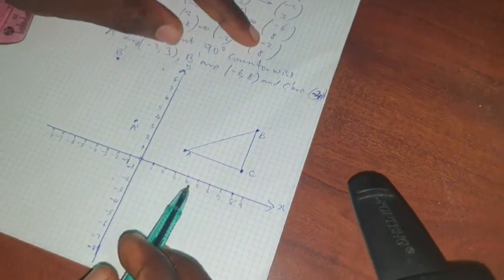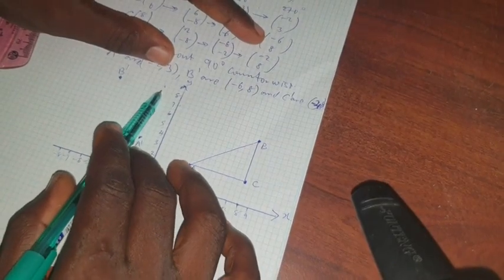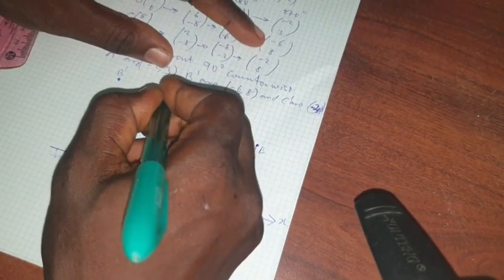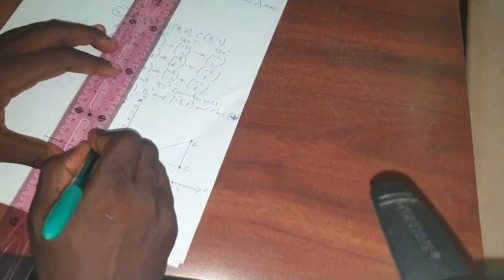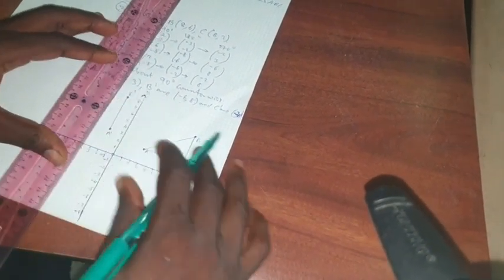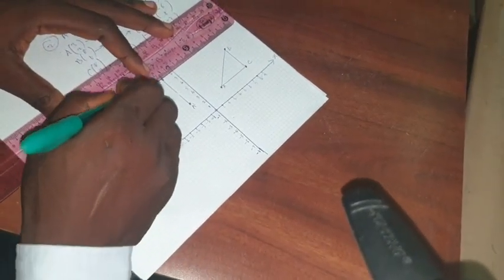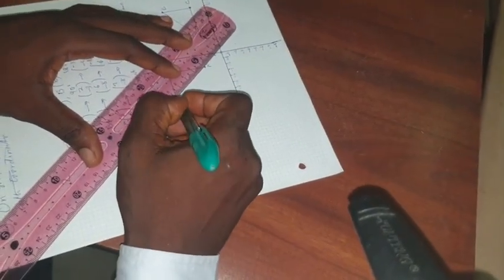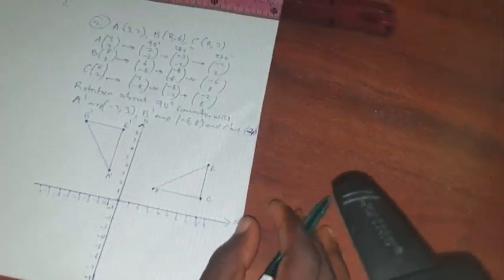Then C prime is minus 2, 8. So this is C prime. We now join the points. So this is 90 degrees rotation about the origin in anticlockwise direction. So this is the answer to the question given. So thank you.